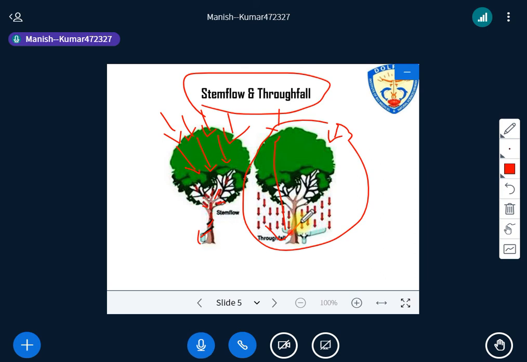It means the precipitation falls through the gaps, right? If there is some space between the leaves, the precipitation does not meet any resistance, and it falls to the ground directly, right? So that is called throughfall. I hope the term is clear again.